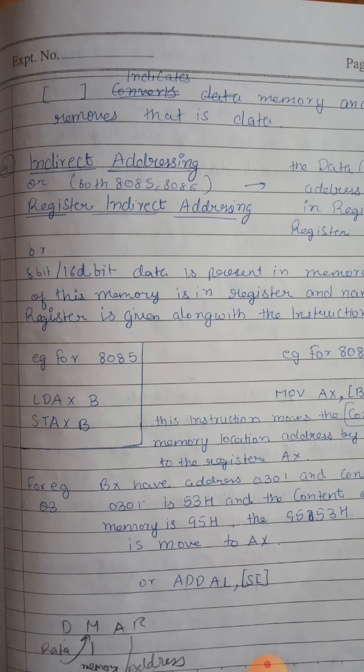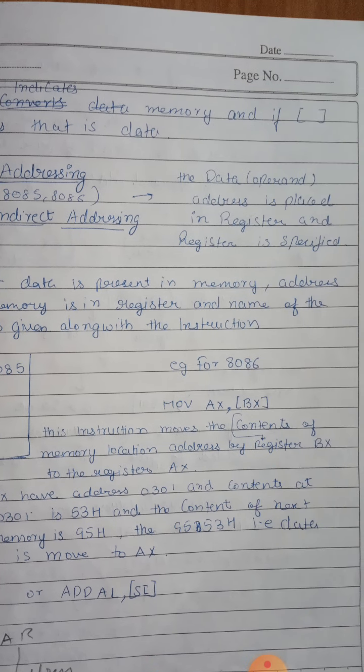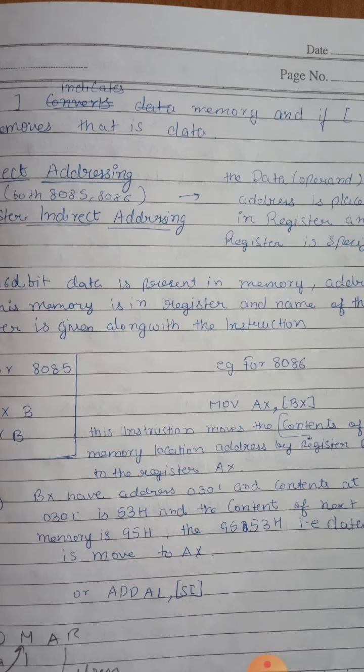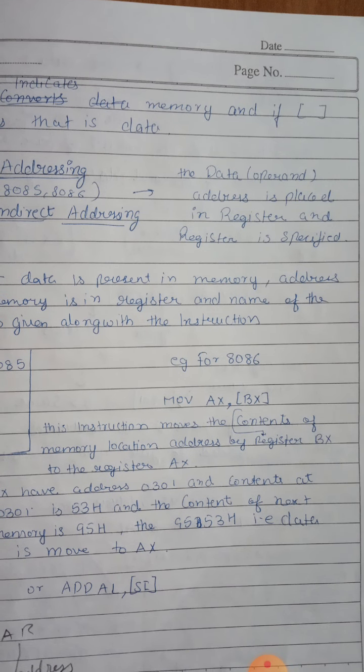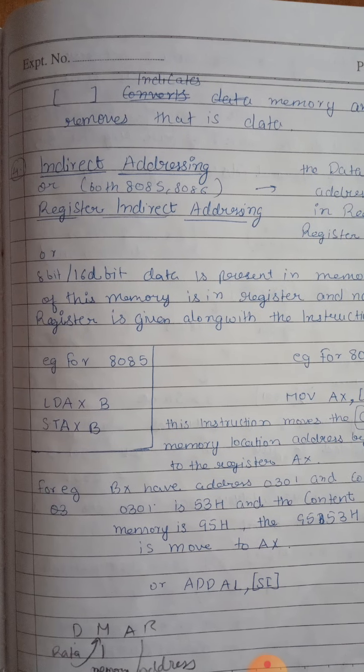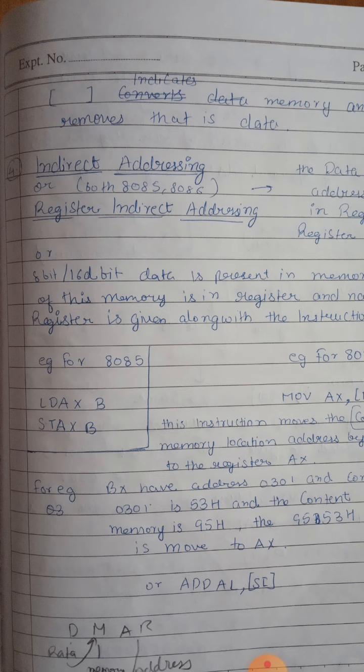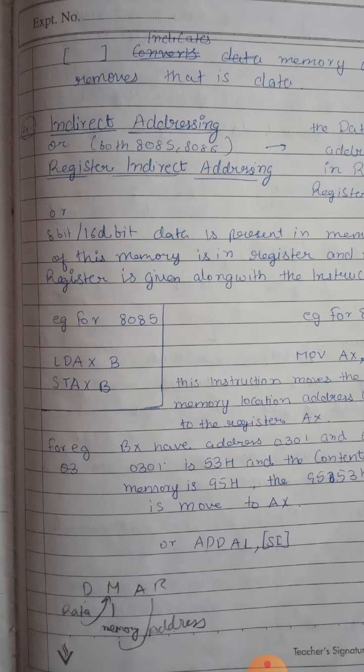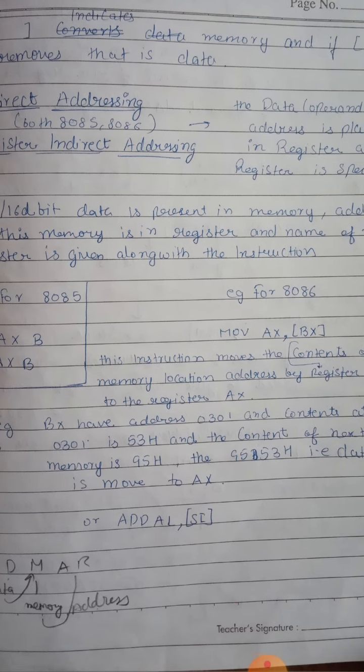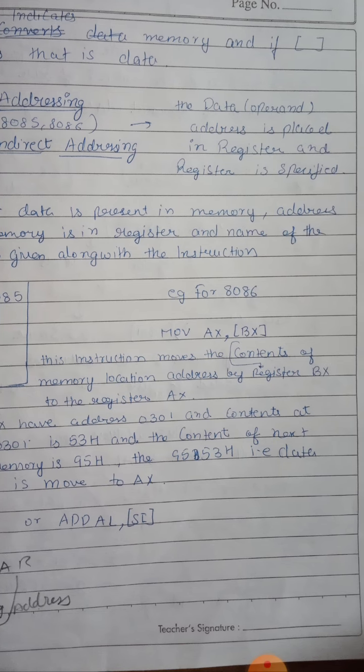Now I will make this instruction clear. As its name suggests, this is indirect addressing, or register indirect addressing. The address of the data is present in the register, and the register is specified along with the instruction.